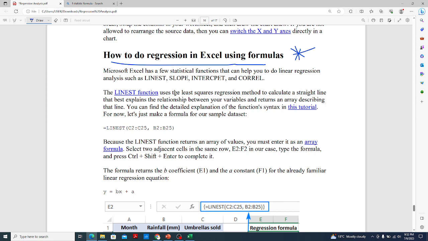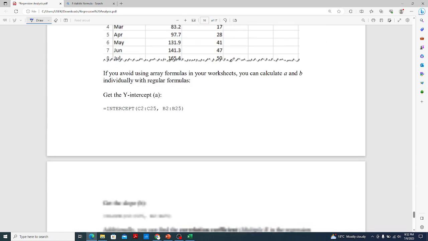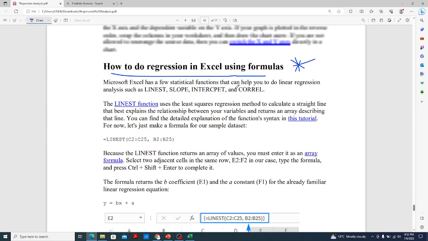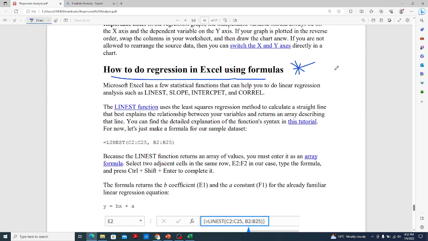So I want us now to use Excel's inbuilt functions to compute what we need: the slope and the y-intercept.